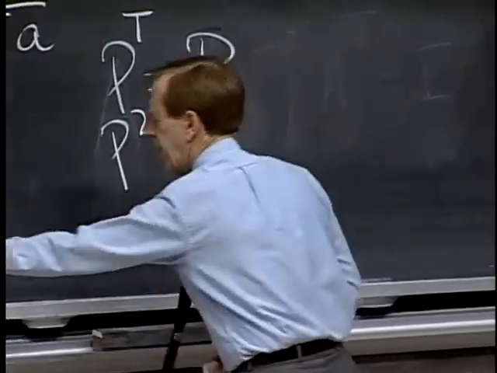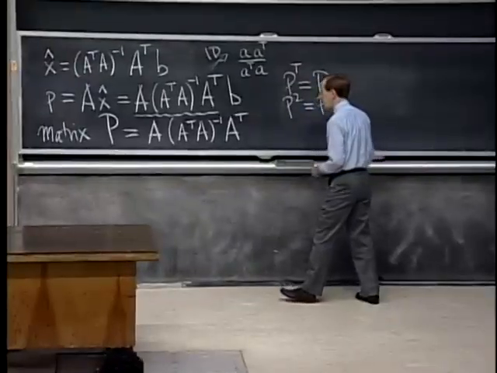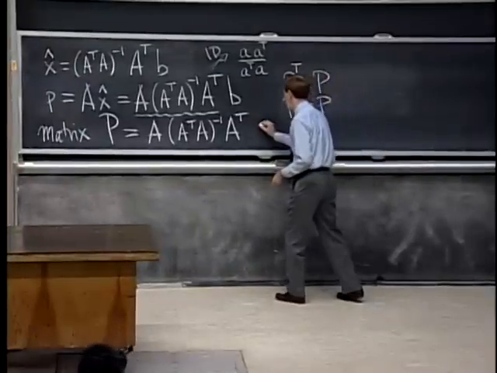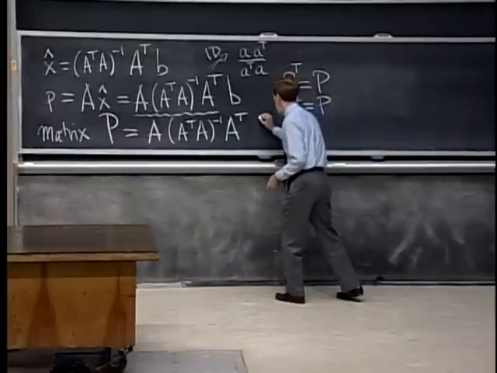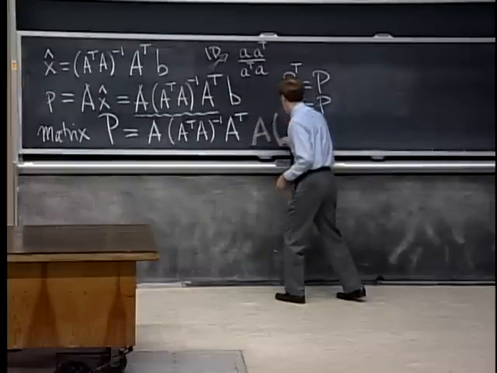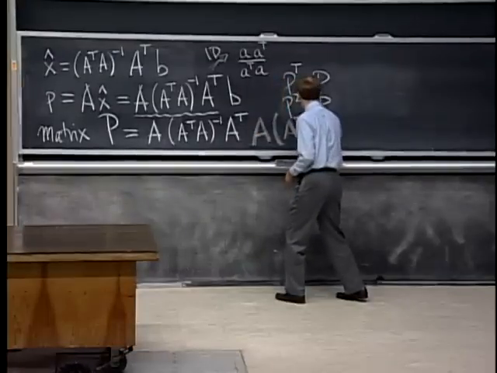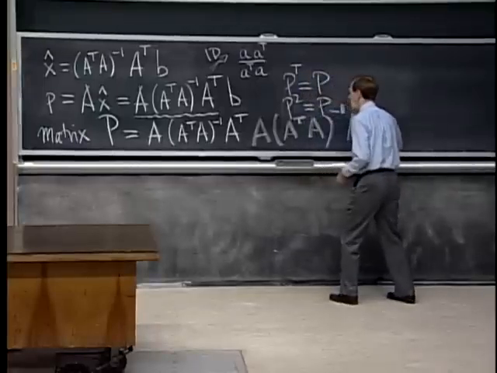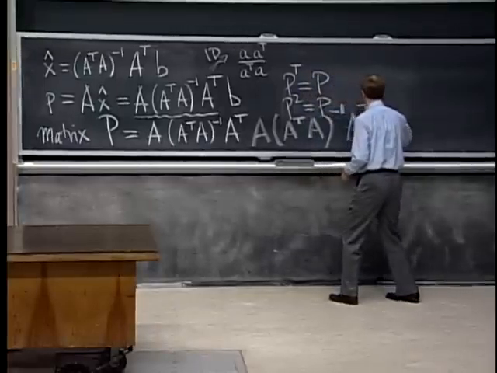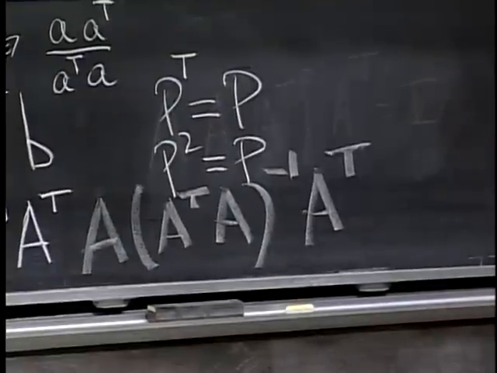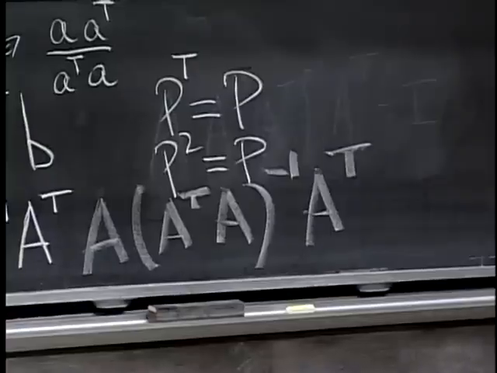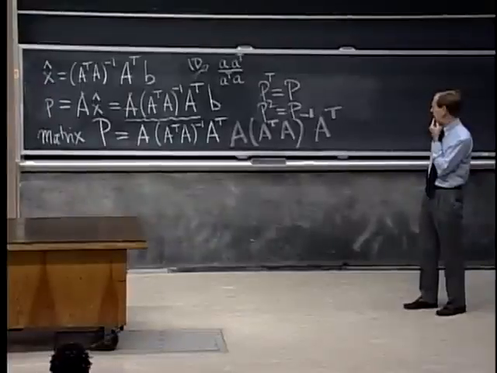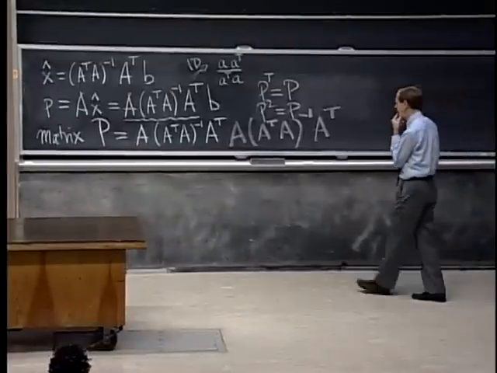So I expect that if I multiply by another P, so there's another A transpose A inverse A transpose, do you see that it works? Eight A's in a row is obscene.